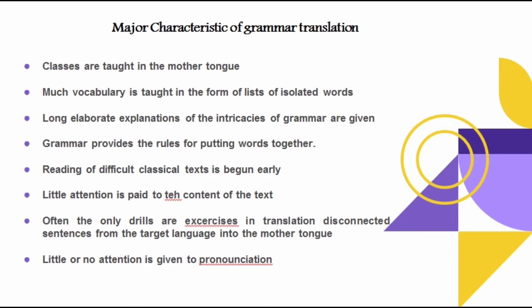The fifth one, reading of difficult classical text is begun early. The sixth, little attention is paid to the content of the text. The seventh, often the only drills are exercises in translating disconnected sentences from the target language into the mother tongue. And the last one, little or no attention is given to pronunciation.